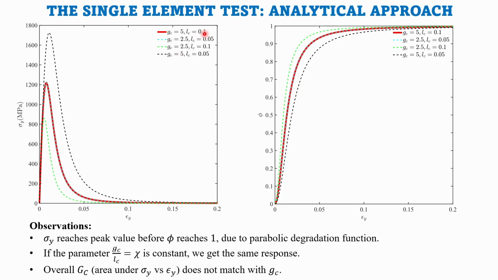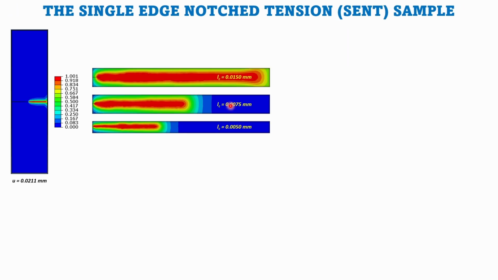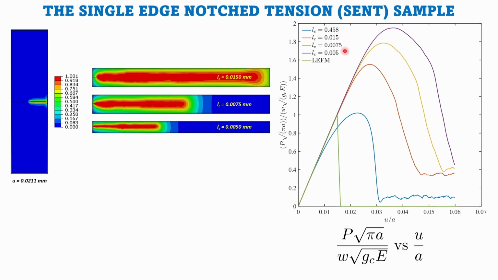Okay, so when you decreased LC, keeping GC constant, the peak increased. Okay, so these LC values are typically very, very small compared to 0.458, but they will give us sharper cracks.